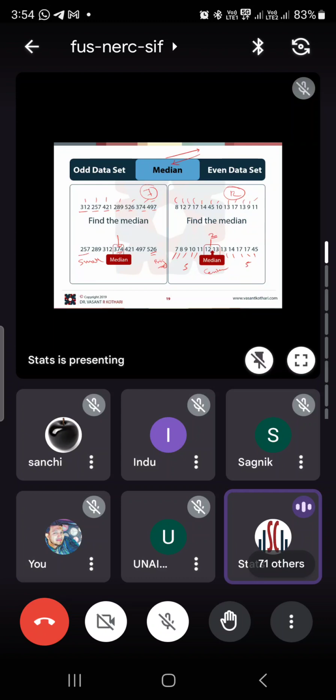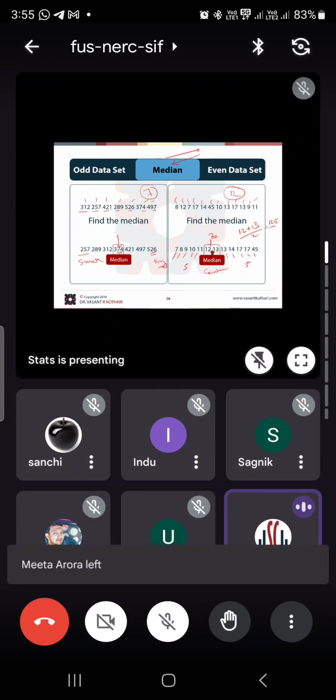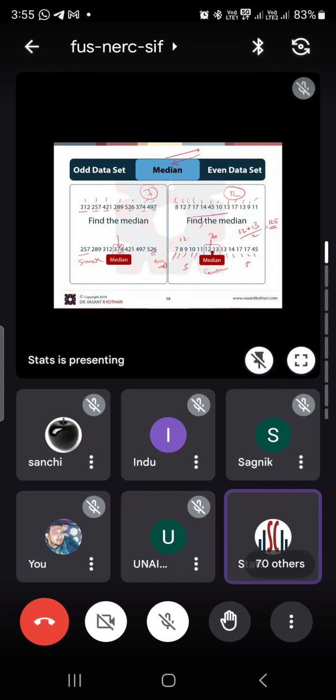So whenever you have two data points, as in an even data set, you will have two numbers in the center. Then what we do is take the average of those, and that becomes your median. So for this data set, 12.5 is the median.